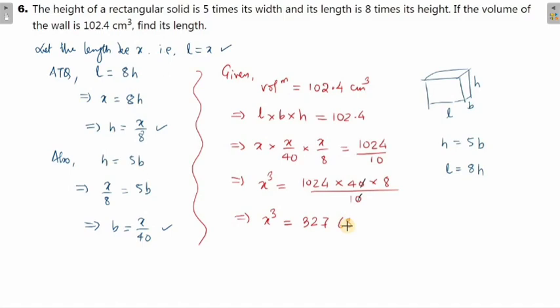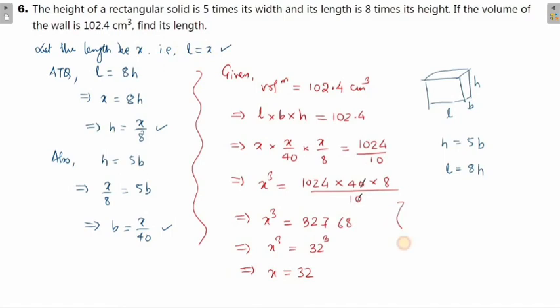Okay, now if I ask you to find the cube root of this, or if I ask you to write this as something cube, then that number will be 32. So basically if you find the cube root of this, you get 32. Okay, so therefore from here, what is value of x? Value of x turns out to be 32. And what is x actually? X is the length, remember.